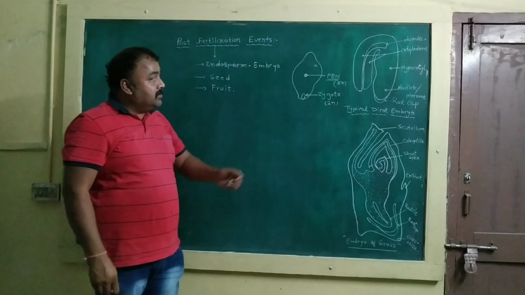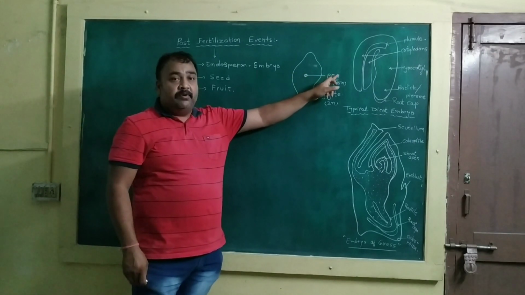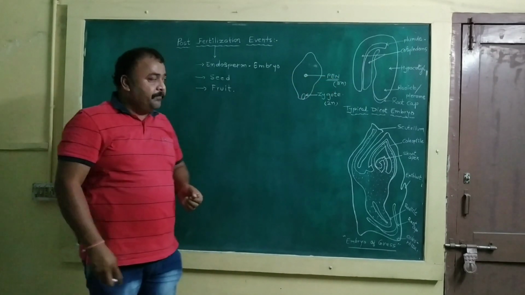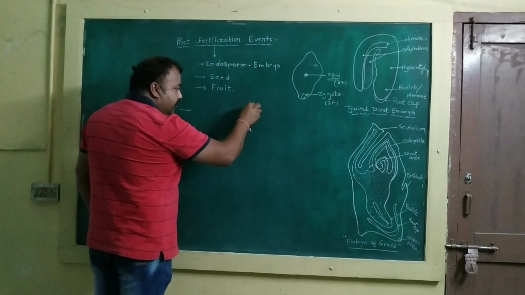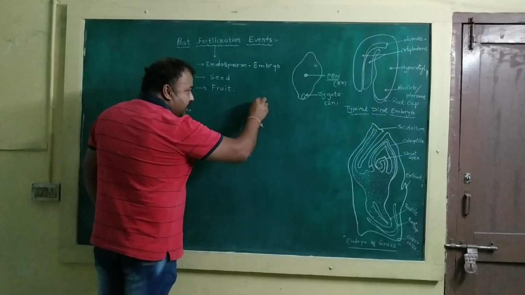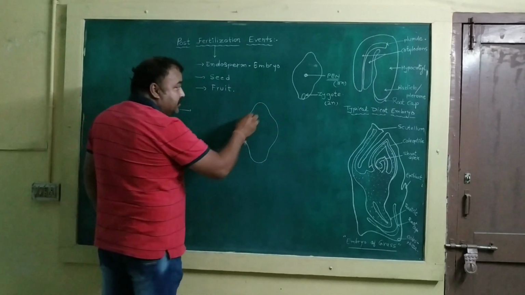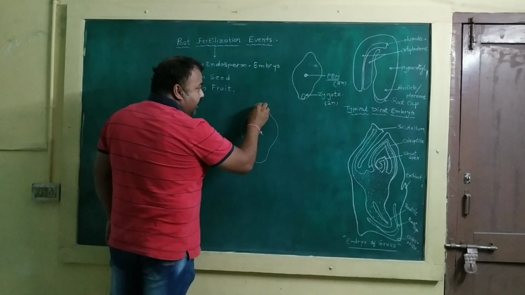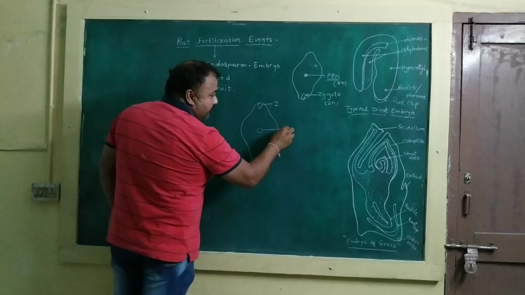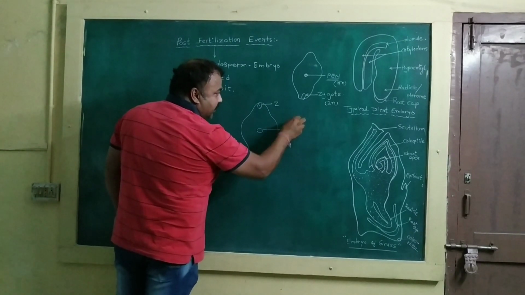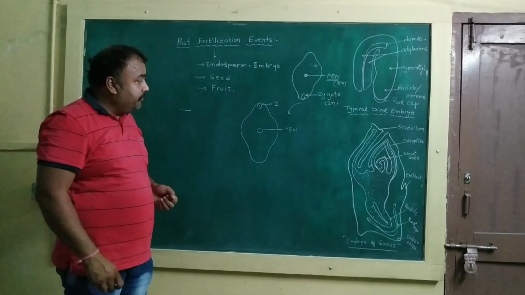First of all, we will study the development of endosperm from primary endosperm nucleus, which is triploid in nature. See what happens if we see the female gametophyte inversely. Inversely means here the zygote is located and here the primary endosperm nucleus is located. In this case, all the diagrams are given in your textbook.